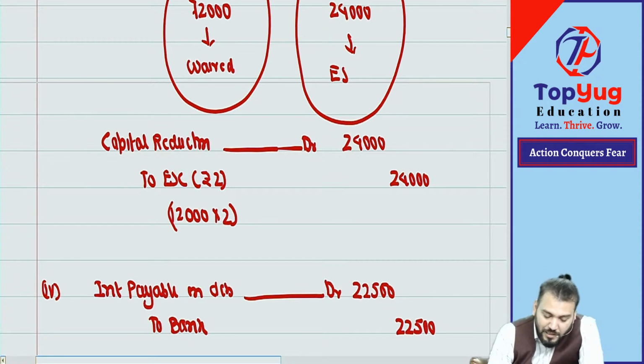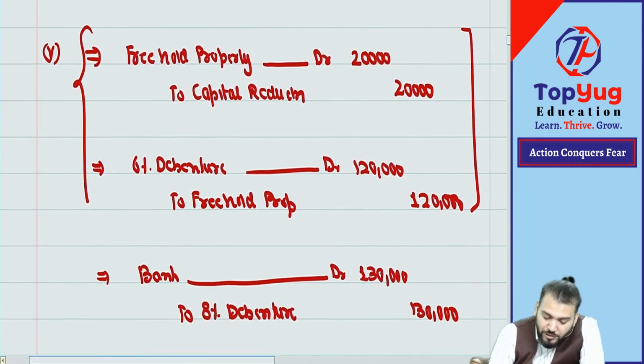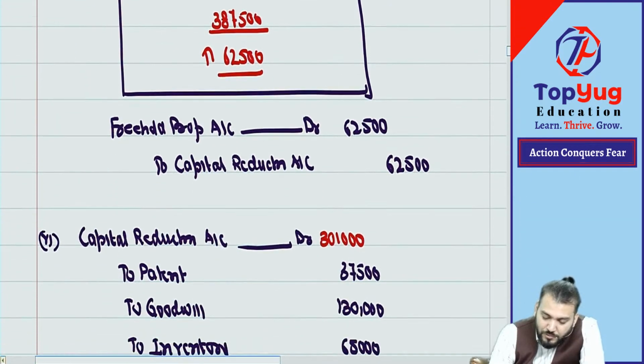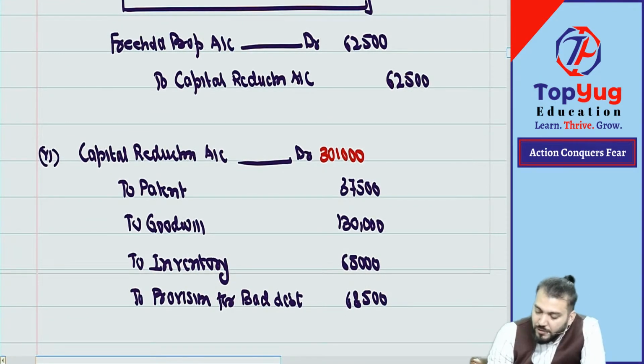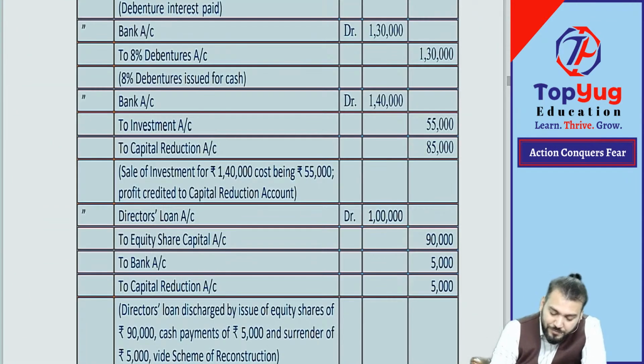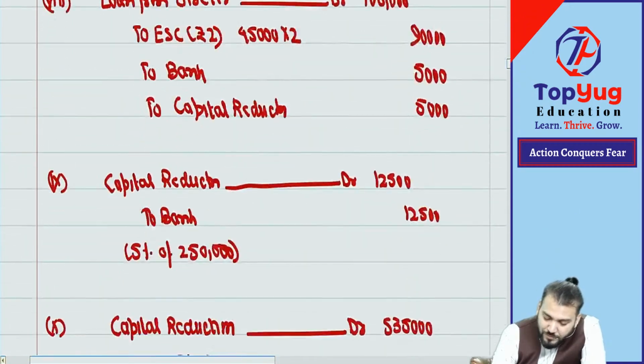Then one more transaction where equity share capital has been issued, for director's loan. The amount is I think 90,000, so 90,000 will be added. The total becomes 5 lakh 64,000. Write down 5 lakh 64,000. Understood what I am saying?